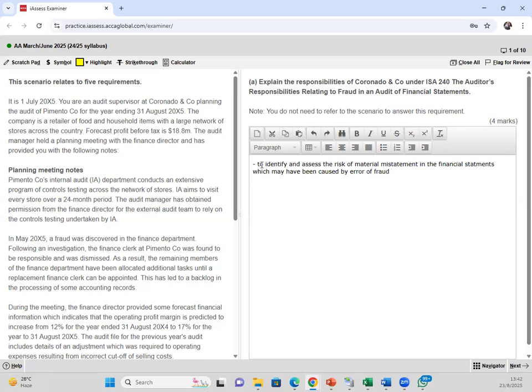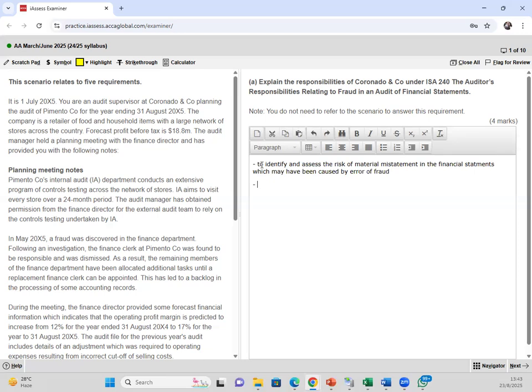So the auditor is supposed to identify the risk. Remember, that's what we're going to do, identifying audit risk. It's the responsibility of the auditor to identify risk arising as a result of error or fraud, so they identify the areas where there is risk.